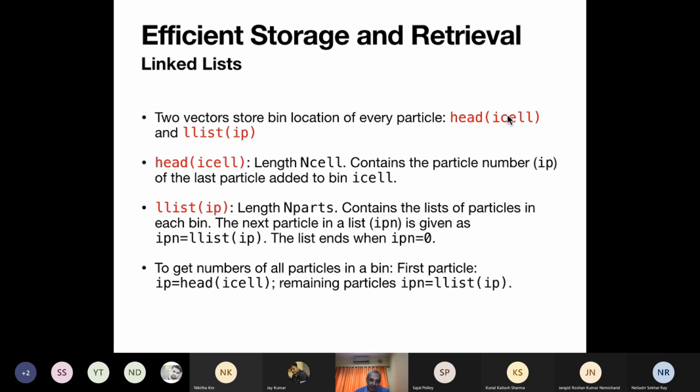It's done in such a way that the particle number of the next particle is just L list of the current particle. And if IPN is 0, that is the end of the list. I'm going to show you exactly how it's done. You can store all this information of which particle is in which bin by just using these 2 simple vectors.